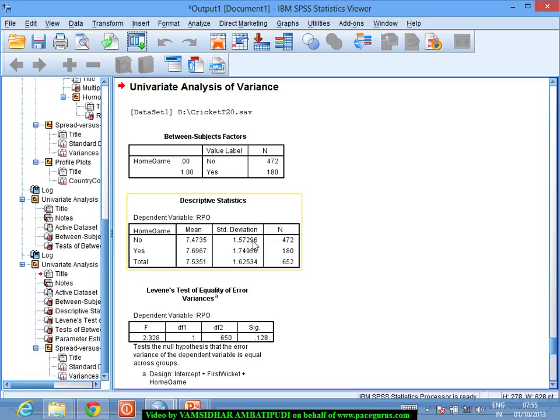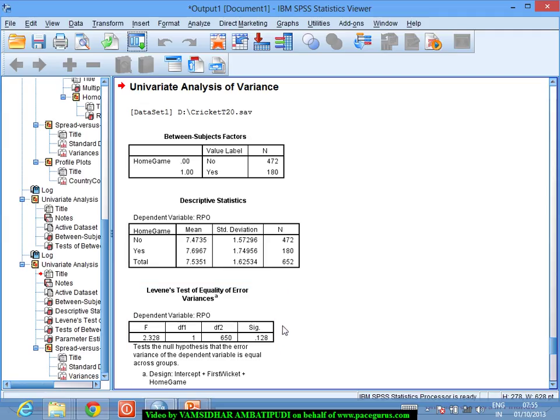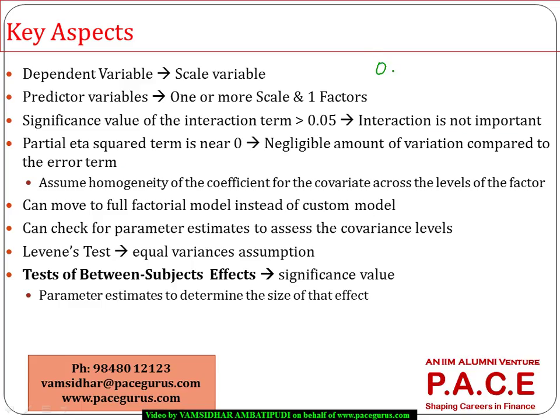The Levene's test is primarily testing for the homogeneity of the variances across the various groups. In this case, it is giving me a significance level of 0.128, which is greater than 0.05. So I can very well go ahead with the assumption that the variances are uniform across the groups.